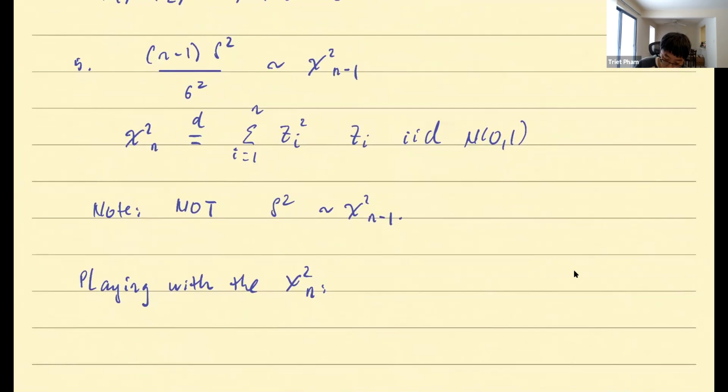Of course, if you can say something about a chi-square, automatically you say something about this, because this is this. So for example, if we have a random variable X that has a chi-square distribution with n degrees of freedom, what are its expectation and variance? Can someone tell me?